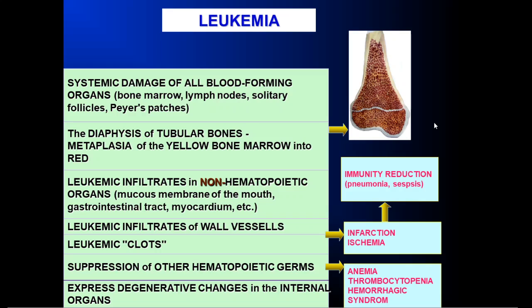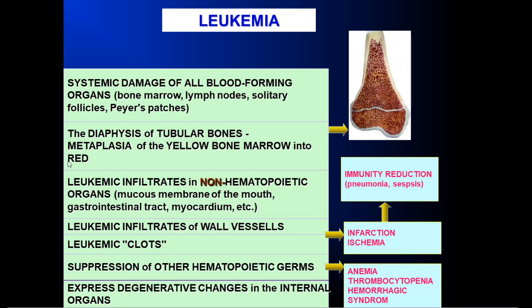Leukemia is characterized by systemic damage of all blood-forming organs, bone marrow, lymph nodes, solitary follicles, and even Peyer's patches. So, all blood-forming organs. That's why when we need to prove that this is really leukemia and not a lymphoma, we take a biopsy from bone marrow and see the changes here, and also we can just check the blood and also see the changes there.